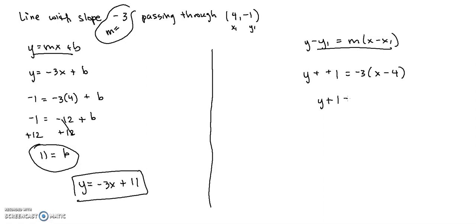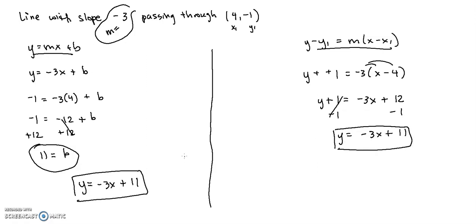So we've got y plus 1 equals, and we need to distribute this, -3x plus 12. -3 times -4 would be positive 12. And then we want to get y by itself, so we're going to subtract 1. So y equals -3x plus 11. Okay, so same answer, two different ways to get it.